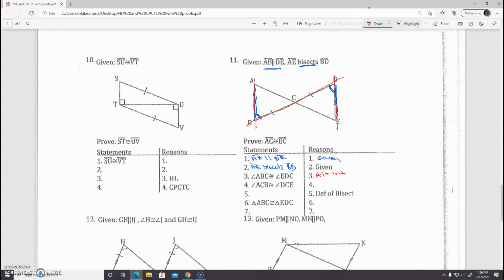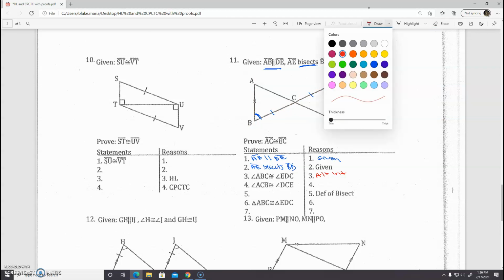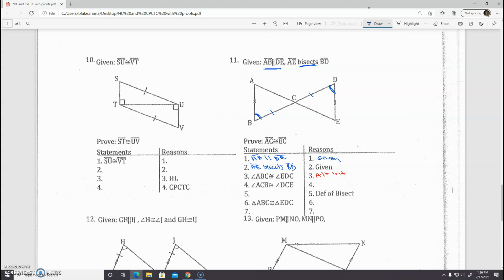So let's look here. Let me get rid of some of this so that way we can see the picture a little more clear. All right, so we got those. Let's move on. Angle ACB, this angle right here, is congruent to angle DCE. Well, why are those congruent? Because they're vertical angles.